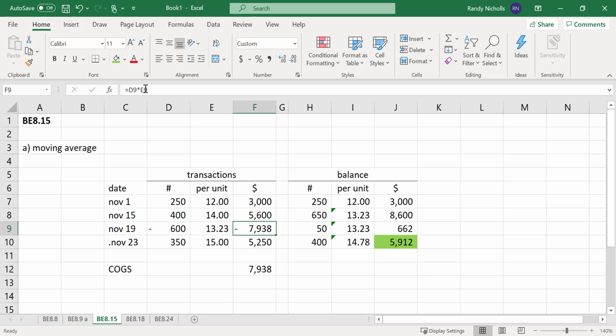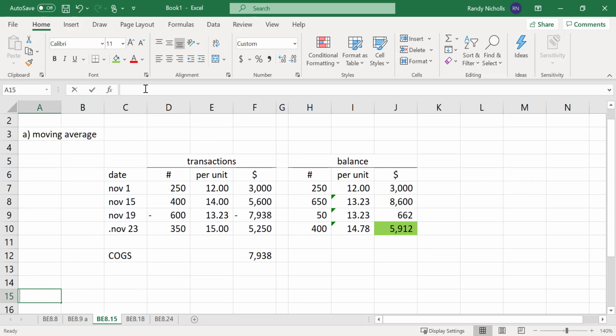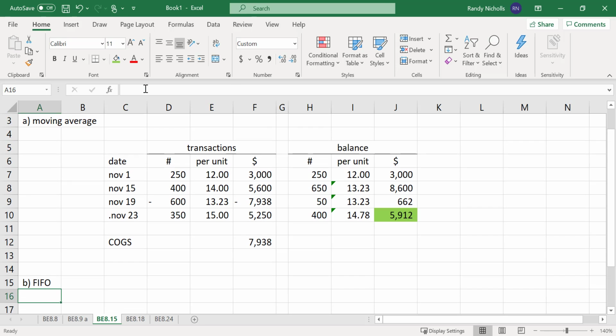Okay, so weighted average, I think the easiest way is to do this table. As compared to FIFO, where you can save yourself time. I could do exactly the same table, only when I have the sale, I would take the 600 units. I'd take 250 at 12 and 350 at $14 and figure it out from there.